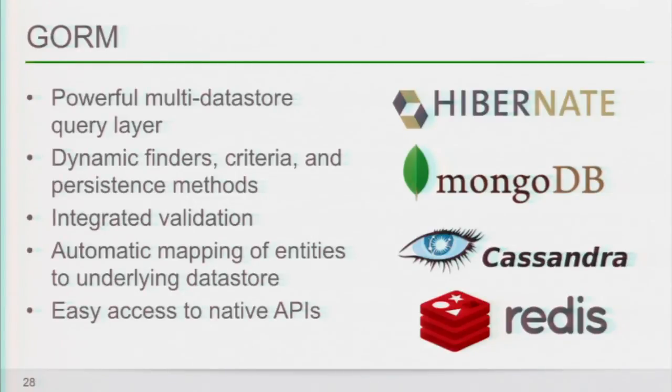The most popular ones at the moment are Hibernate and MongoDB, I would say. Those are the ones we see the most usage of. Who uses MongoDB here? Quite a few, yeah. The GORM for MongoDB is at version 3 now, so it's come a long way. And of course, the Hibernate one is historically the oldest one.